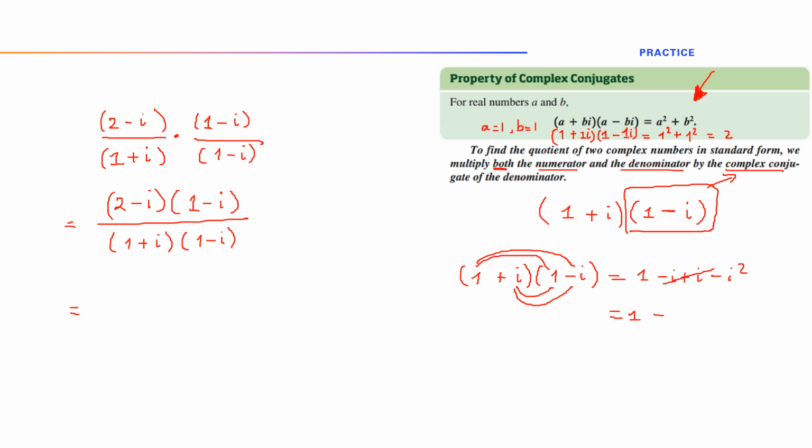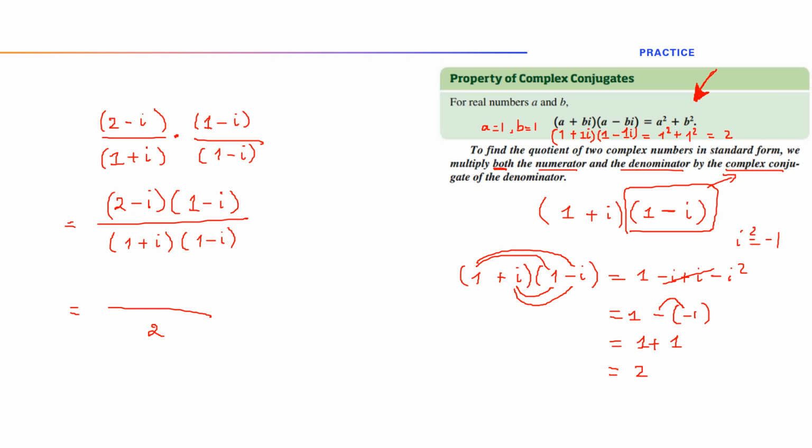Minus i squared: remember, i squared is negative 1, so you put negative 1 right here. Now the negative in front of the parenthesis, when you distribute, becomes positive. So positive 1, then it's equal to 2. We can still do it using the multiplication method, but it will be faster when you memorize this one. So the bottom will be 2.